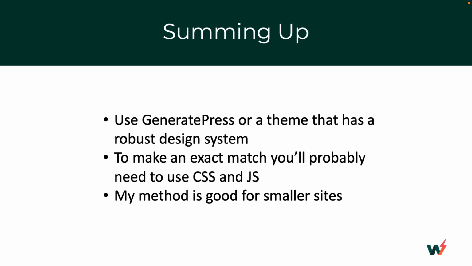Finally, the method I showed you is really good for a small site. Now, if you're going to be working on a site with thousands of pages, you're going to have to take a different approach and probably begin with a script that will convert all the content to HTML files and begin from that point. Hopefully what I've just shown you will help you develop your own method to convert an Elementor site to Gutenberg.